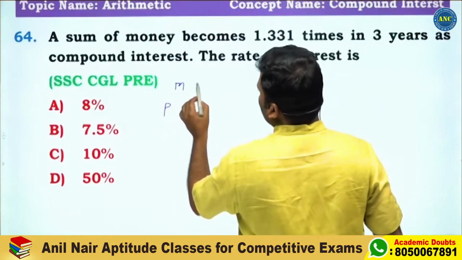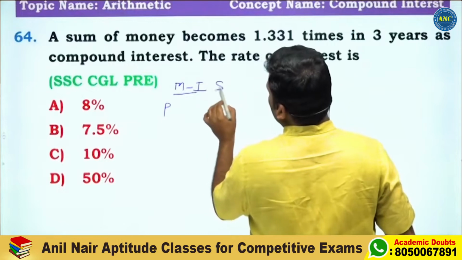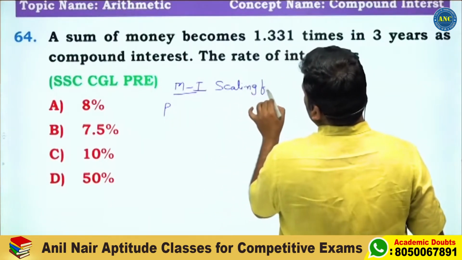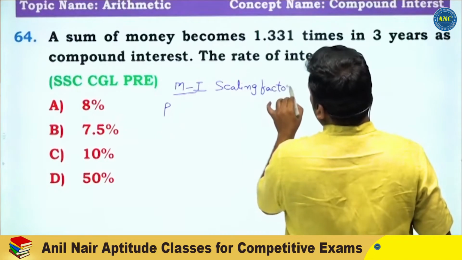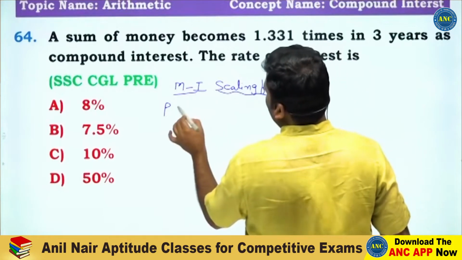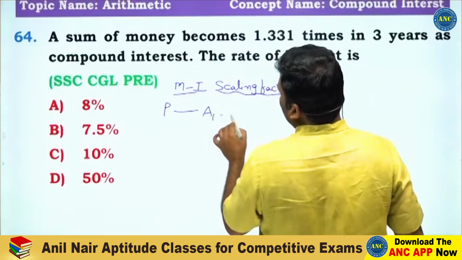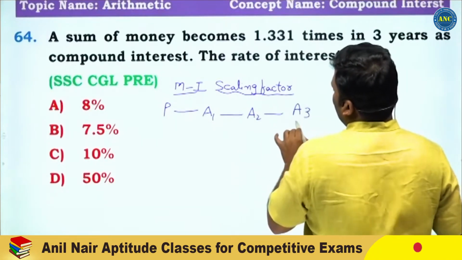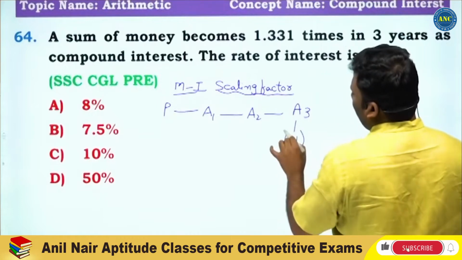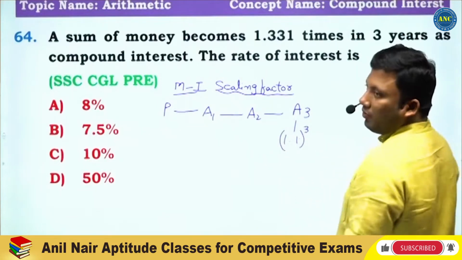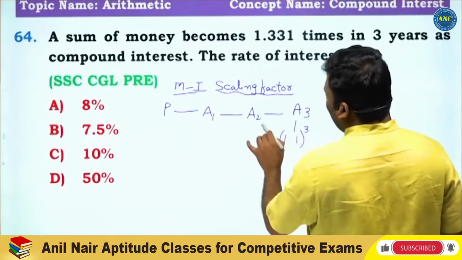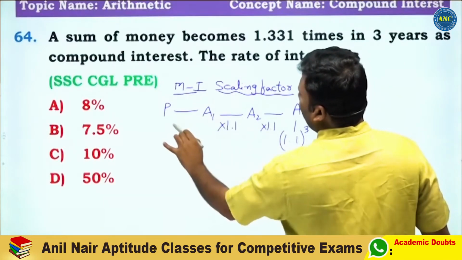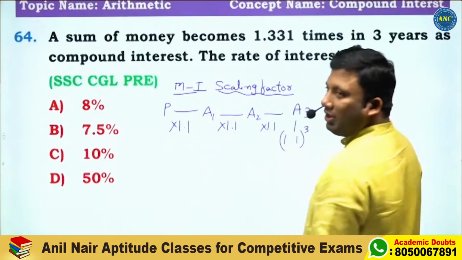Method 1. You can solve this problem using scaling factor. P has become 1.331. P became A1, A1 became A2, A2 became A3. A3 is 1.331, which is 1.1 whole cube, 1.1 into 1.1 into 1.1.